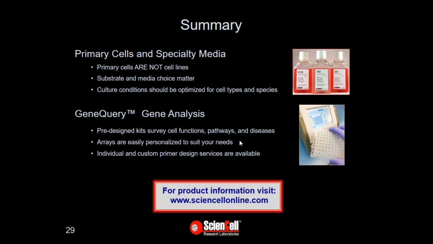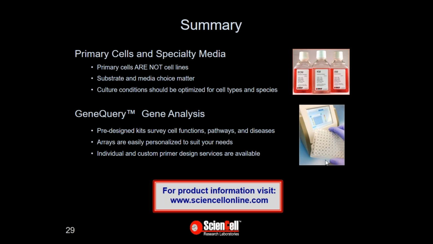Another question that was asked was how often should I change the cell culture medium on primary cells? Well, it kind of depends on the confluency of your cells and also the cells you're using. But in general, we recommend you change medium after 16 hours of plating them just to remove residual DMSO and dead cells.